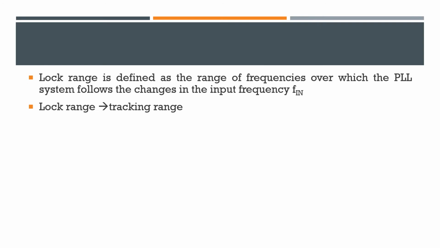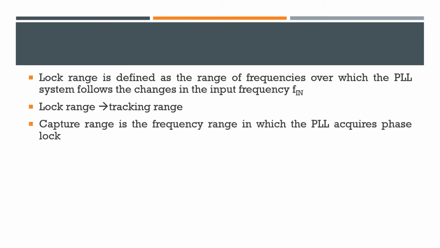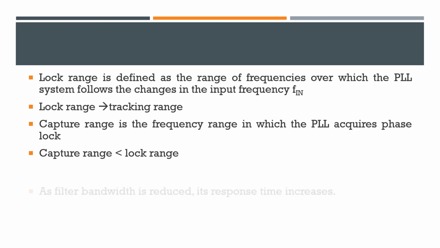The lock range is also termed the tracking range of the system. The capture range is the frequency range in which the PLL acquires the phase lock. It is going to capture and go into the lock situation. Always the capture range is less than the lock range, which we have to keep in mind.